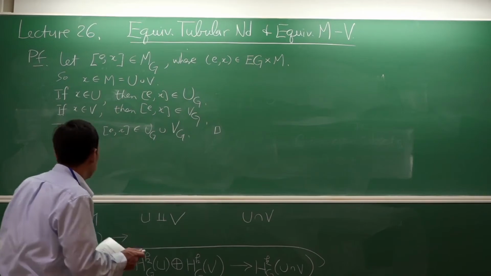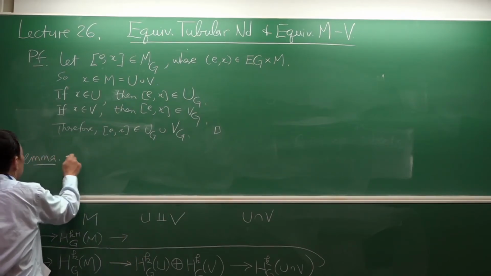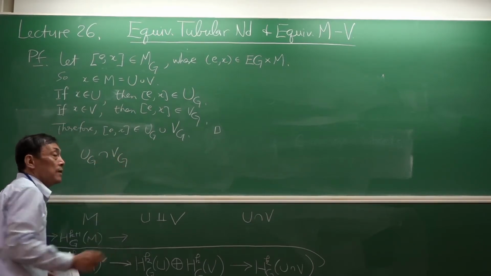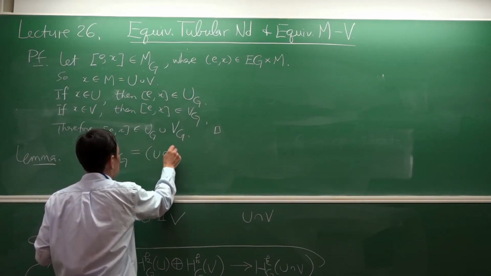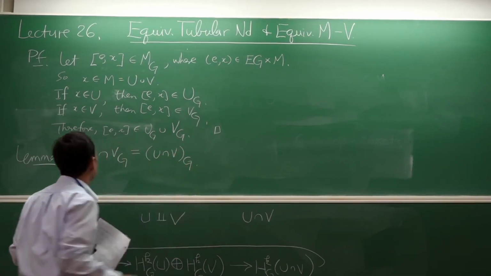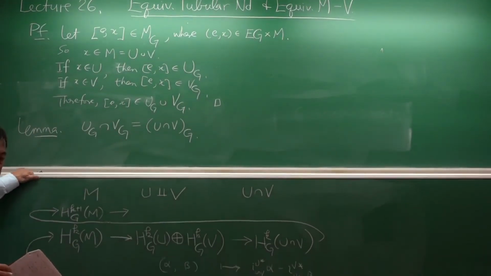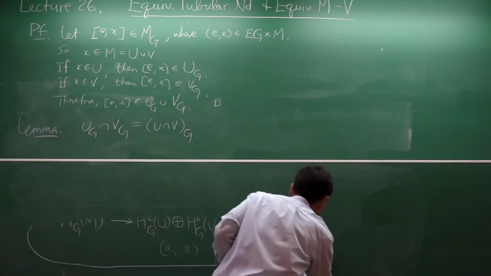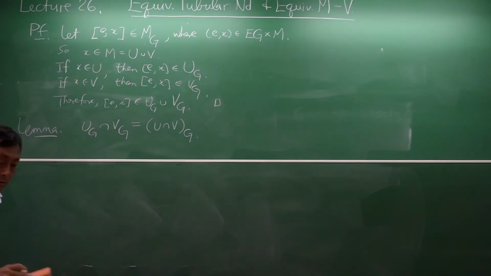But then you have to look at the intersection. So we need to prove that U_G intersected with V_G is (U intersect V)_G.